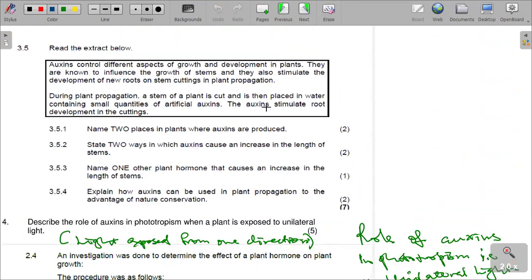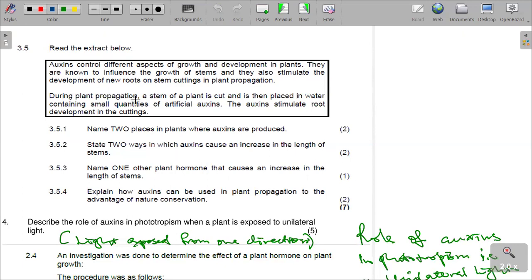Okay, you see this part, I just mistakenly omitted it. 3.5.1. It says: Auxins control different aspects of plant growth and development in plants. They are known to influence the growth of stems, and they also stimulate the development of new root and stem cuttings in plant propagation.